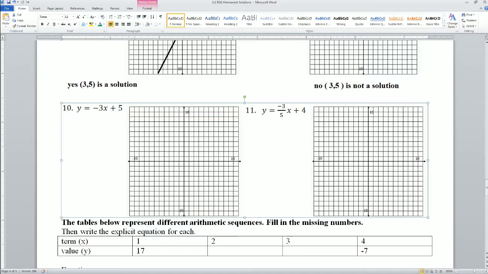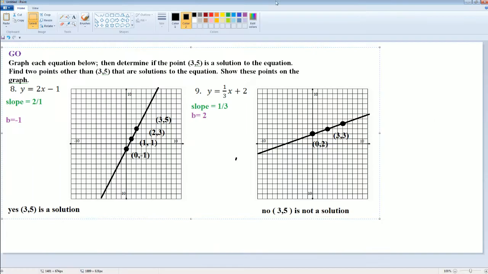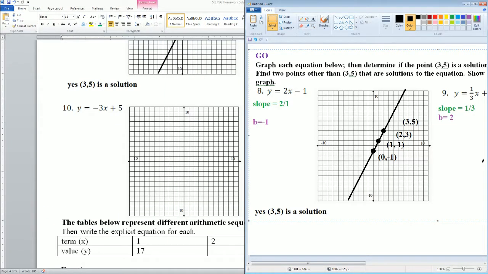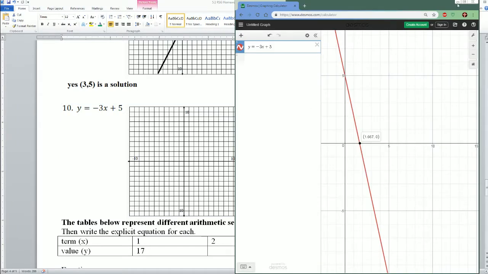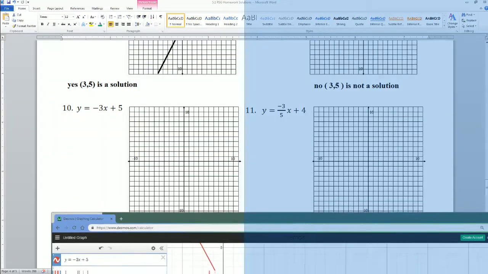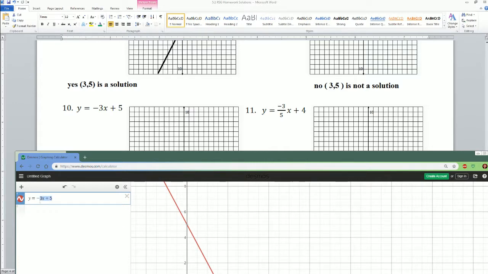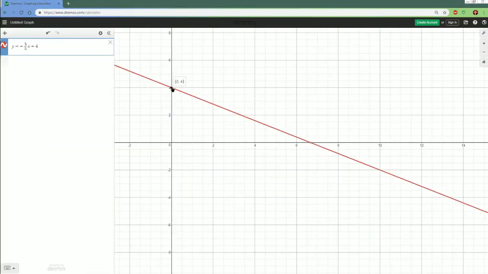Let's look at this one. Let's put that in Desmos as well. So that one was y equals 5x plus 4. Let's see if that one works. So 0, 4. Let's see what else.